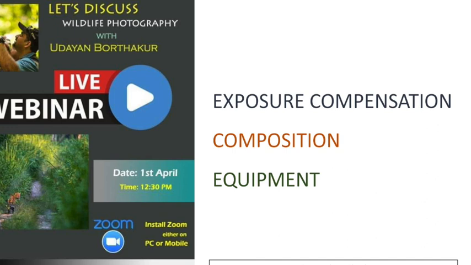For example, I just have a 1.4 TC right next to me. I use it when I need it, but it's not like I will always put it in between my lens and the camera. With the 200-500, a 1.4 TC works great. You can try it definitely, but I don't recommend using it.